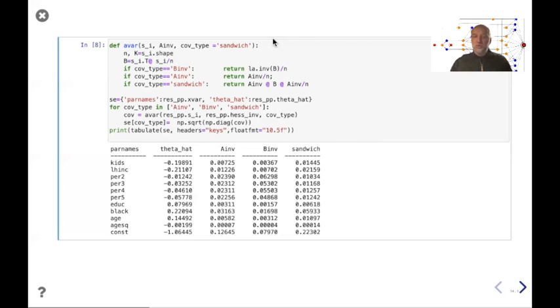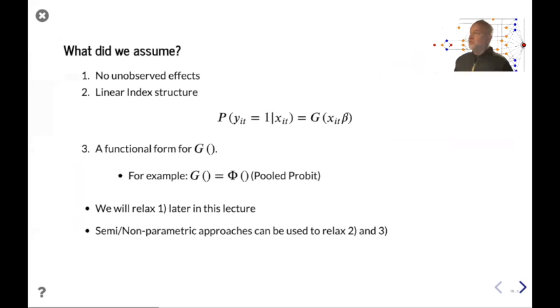If you're doing a pooled probit analysis, you need to make sure you're aggregating the objective function over the time periods as well as the scores. Then you can calculate variance covariance matrices using the structure A inverse B A inverse, the sandwich formula. Just make sure you use robust standard errors if you're not accounting for the serial correlation that's coming over.